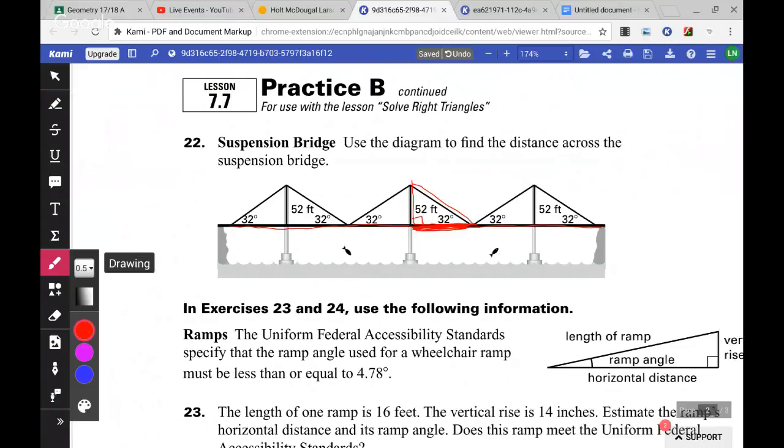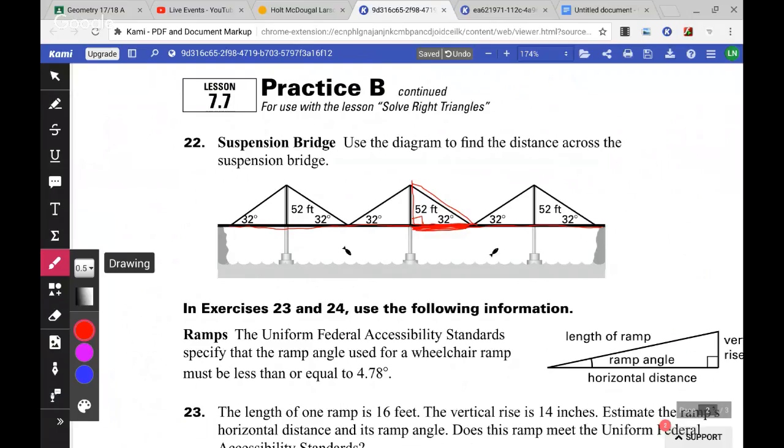Well, we know that the height is 52 feet and that one of the angles is 32 degrees. Let's add those angles. So it'd be 180 minus (90 plus 32). You get 58 is your top angle.